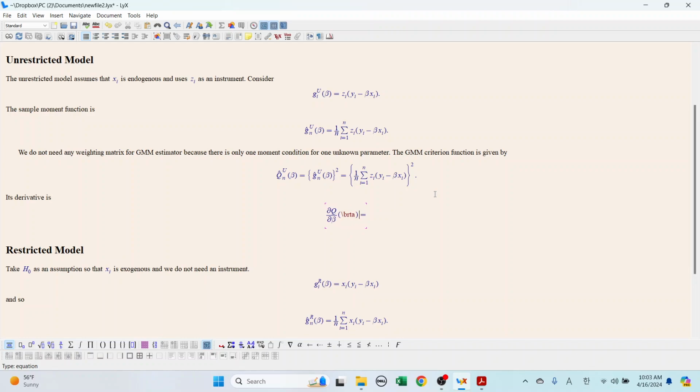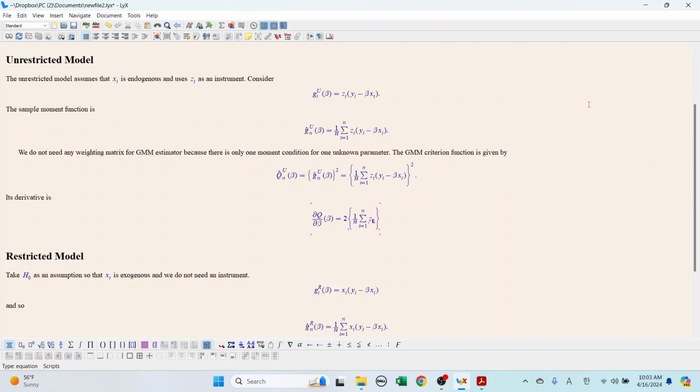The derivative looks like minus 2 times this, times the same thing again. Let me see, is it right?